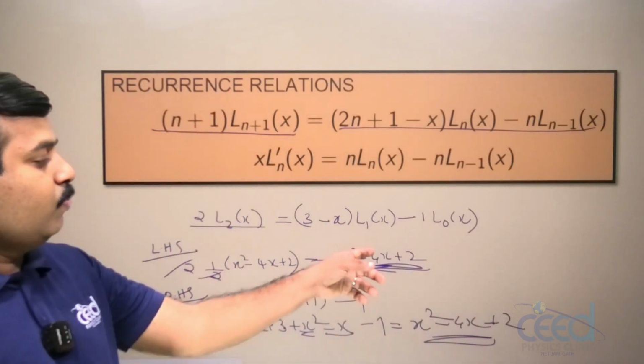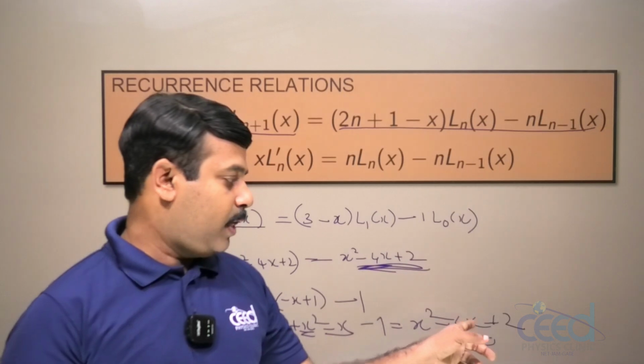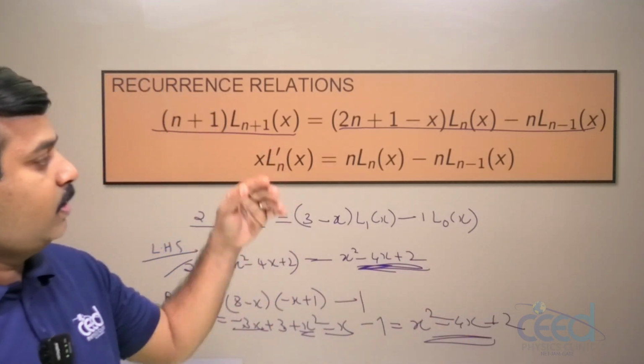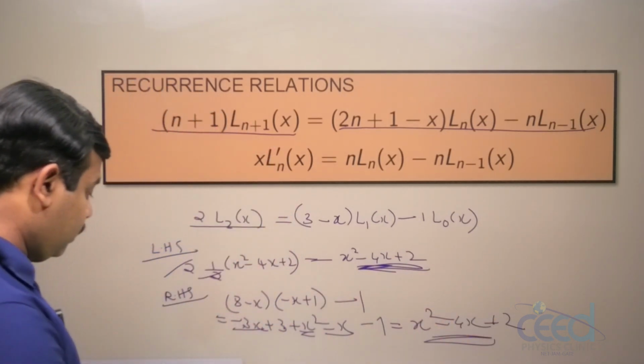Then x square minus 4x plus 2 equals x square minus 4x plus 2. LHS is equal to RHS.